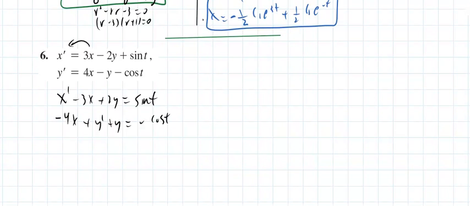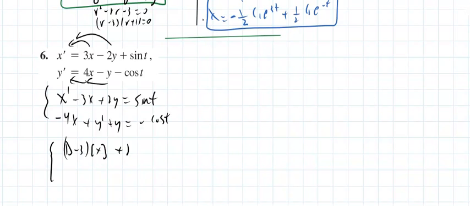So basically, move those to the left. And my system of equations becomes (D minus 3) operating on x plus 2y equals the sine of t, and negative 4x plus (D plus 1) operating on y equals negative the cosine of t.